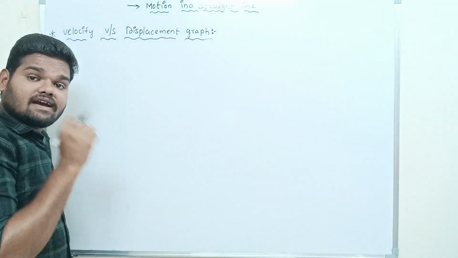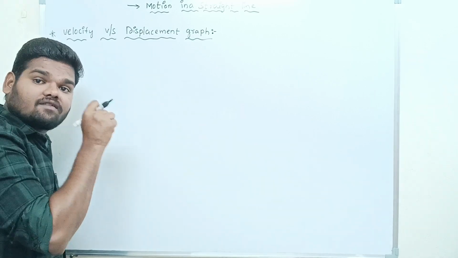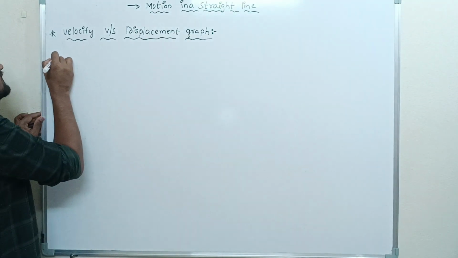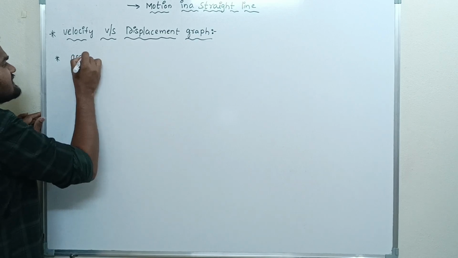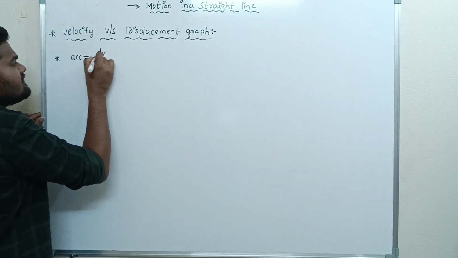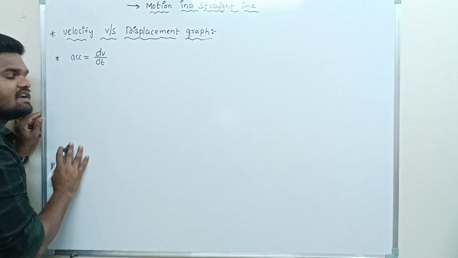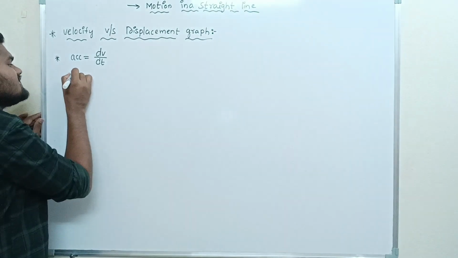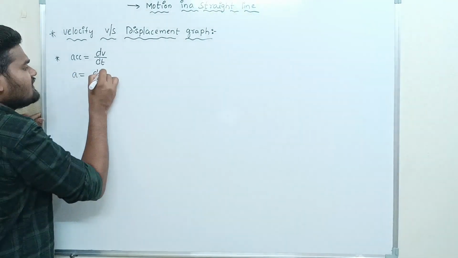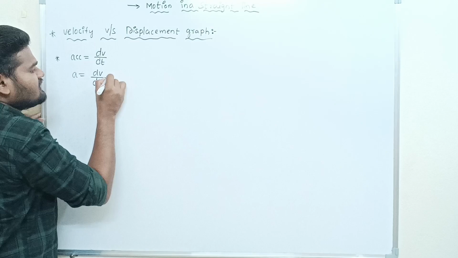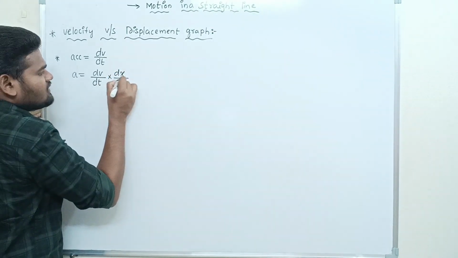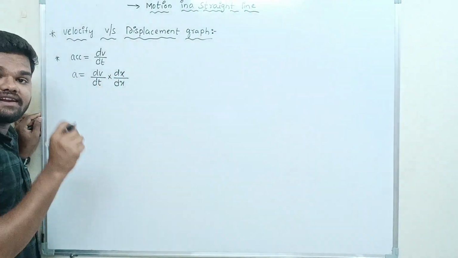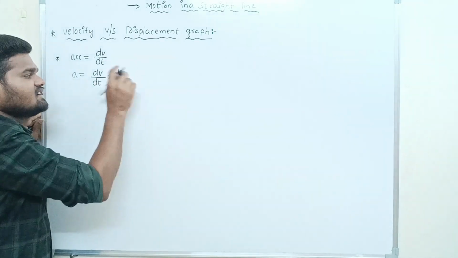We know the general formula for acceleration. What is acceleration? The rate of change of velocity, dv by dt. Now I'm multiplying and dividing this equation with dx.